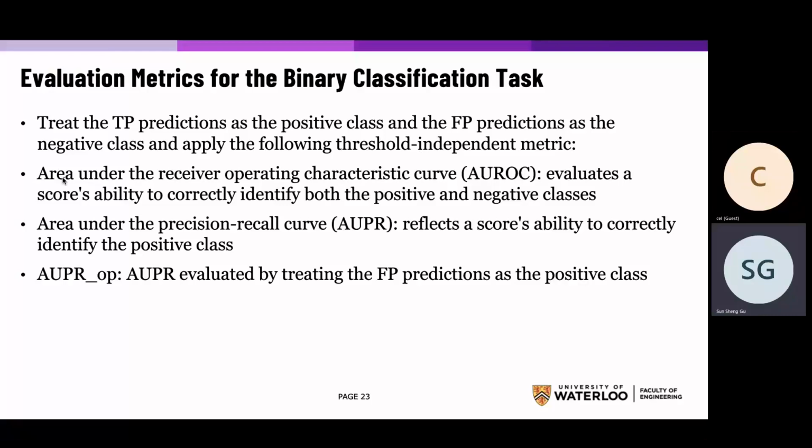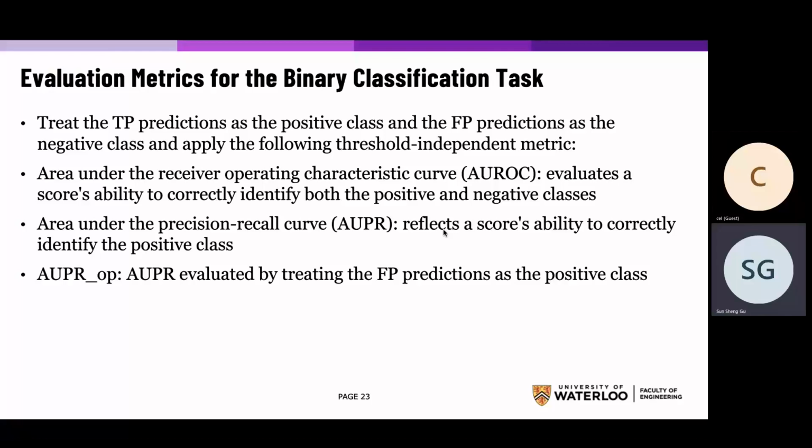One of the metrics is called area under the receiver operating characteristic curve. Don't be scared by the name. What it essentially does is it evaluates a score's ability to correctly identify both the positive and negative classes, right? So this particular metric doesn't have an emphasis on either the positive or negative classes. It evaluates them both.